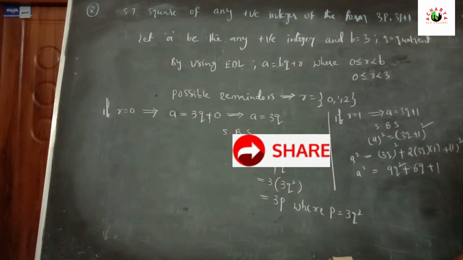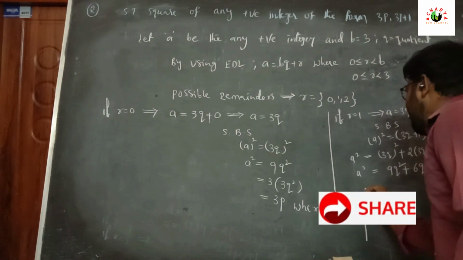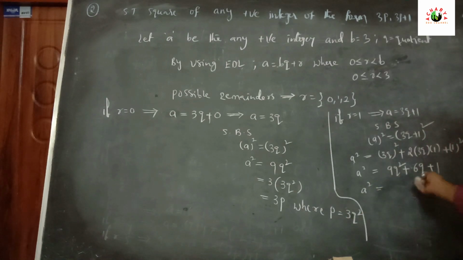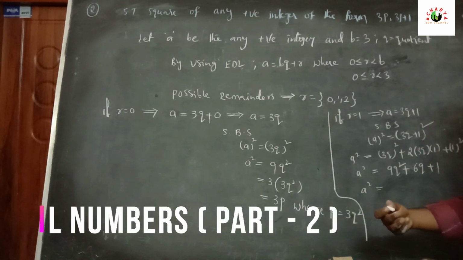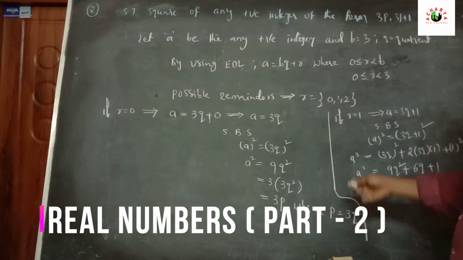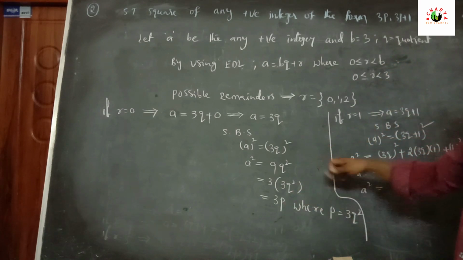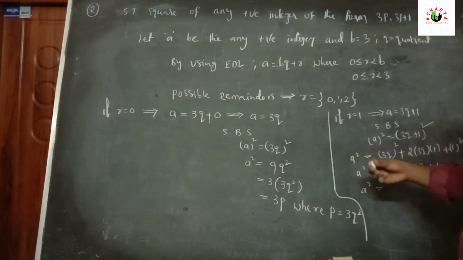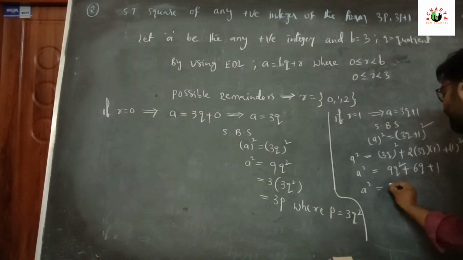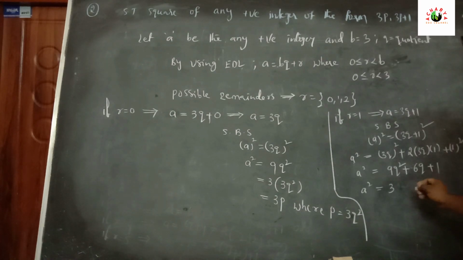So now for a², we are taking 3 common. Why are we taking 3 common? We have to show it in the form of 3p and 3p + 1. 3p is completed here. Now we are going to show 3p + 1. So we take 3 common, the remaining term is 3q² + 2q, and we write plus 1 outside.